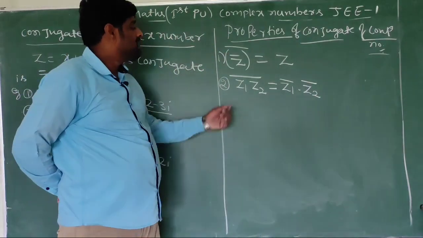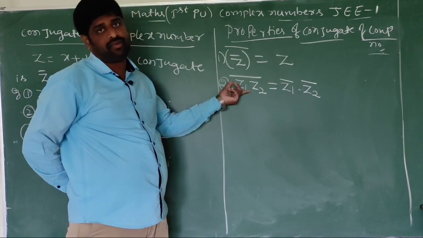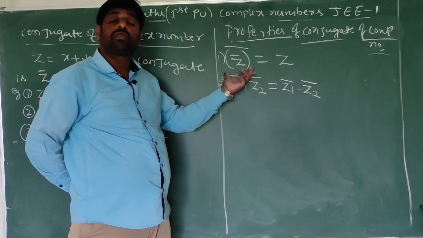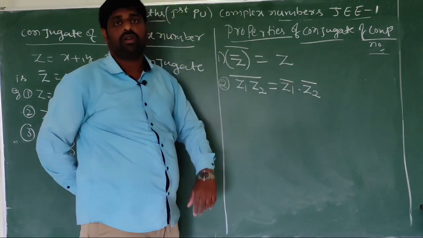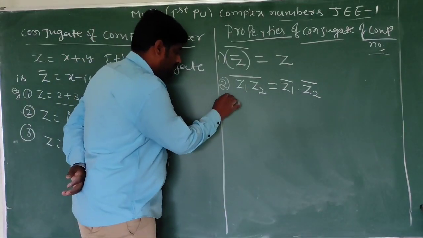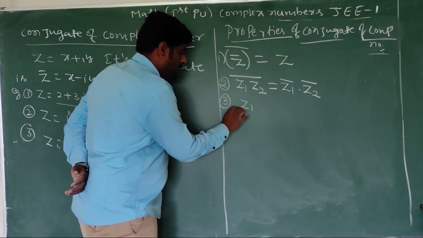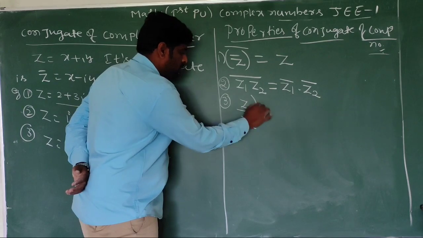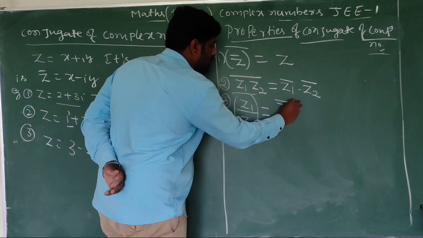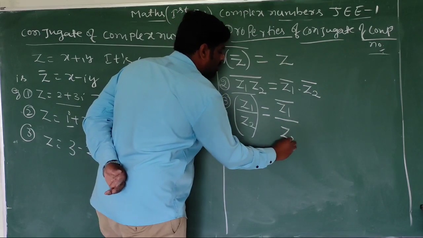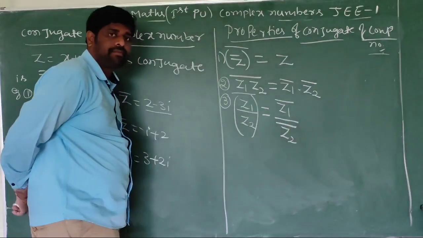Otherwise we can pronounce it as conjugate: Z1 Z2 conjugate is Z1 conjugate into Z2 conjugate. Next property, Z1 divided by Z2 whole conjugate is Z1 conjugate divided by Z2 conjugate.